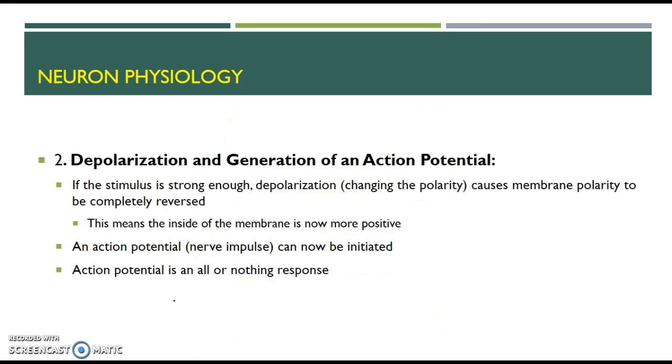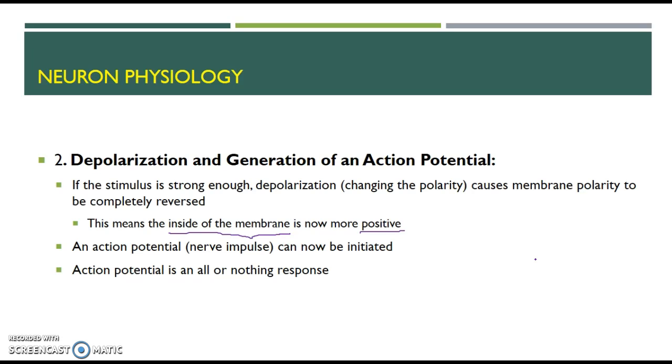Okay, step 2. If the stimulus is strong enough, depolarization is really going to occur, and the polarity is going to be reversed, which now means that the inside of the neuron is going to be positive. Once we have enough of an electrical charge, we are going to actually cause an action potential to occur.